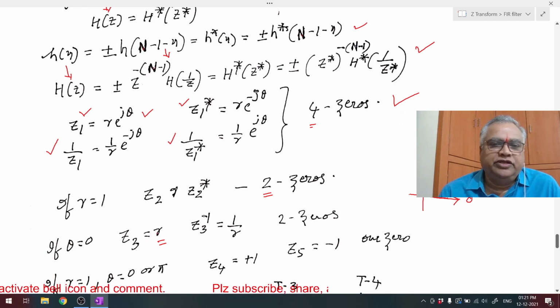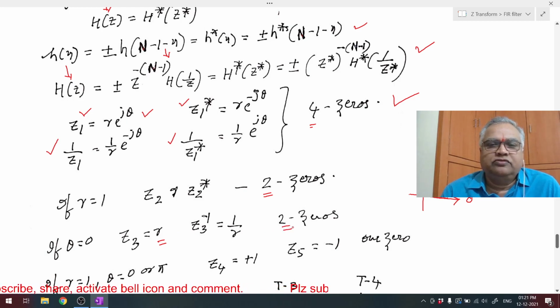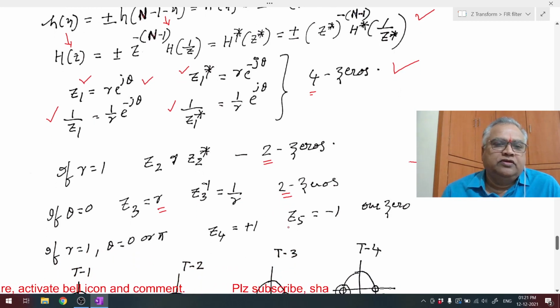And z3 is r, and its complex conjugate is also the same thing. z3 is r means z3* is also equal to r, because θ equals 0. And 1/z3 becomes 1/r. So if you consider all these 4 combinations, if θ equals 0, only r and 1/r are possible. So 2 zeros.